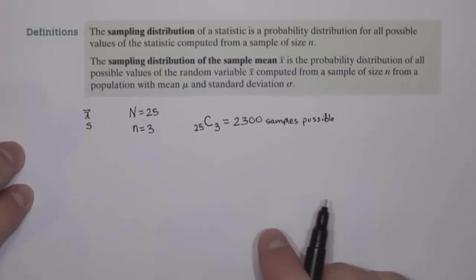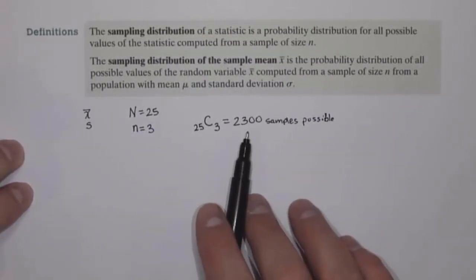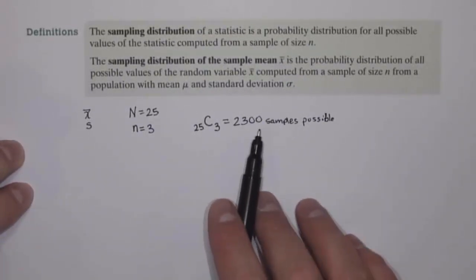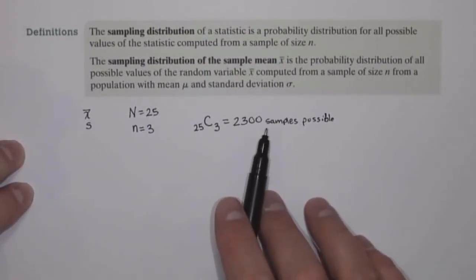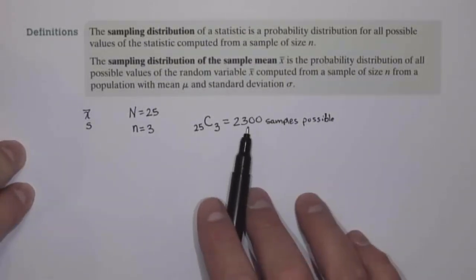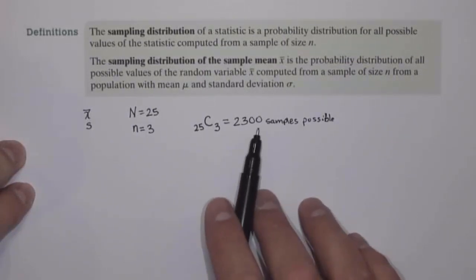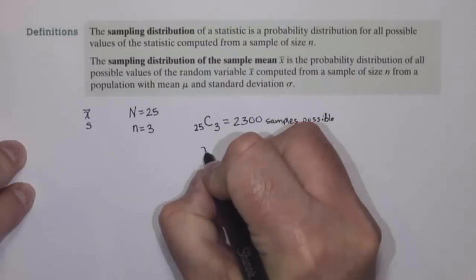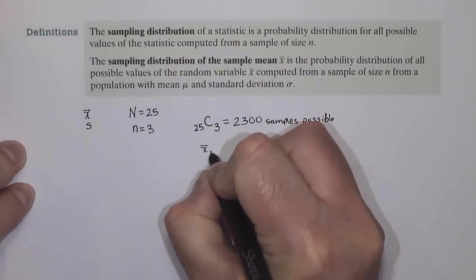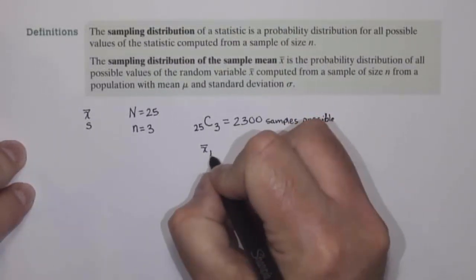Now, if we were to find every one of those 2,300 different samples and calculate a statistic on those samples, so for example, if we were to calculate the mean of each one of those samples, then the first sample that we would obtain would have a mean, which we'll call X bar sub 1.